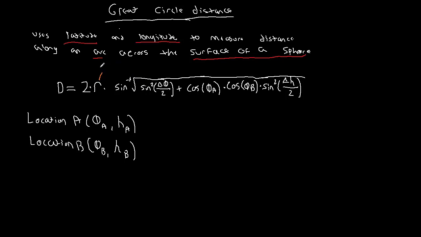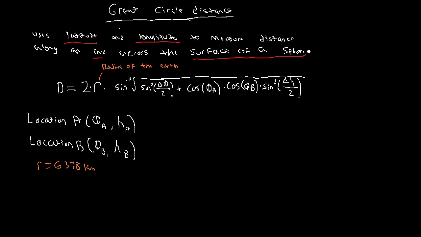Right. So let's go ahead and break down the different pieces of this equation. So first we have r. This is the radius of the Earth. And in most cases, r is going to be equal to 6,378 kilometers. Right.